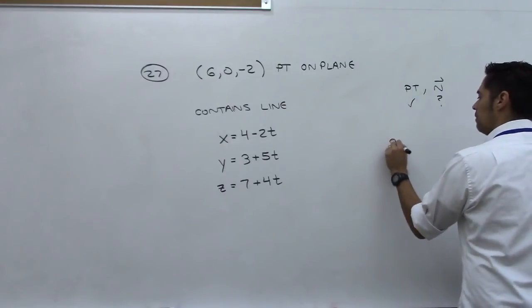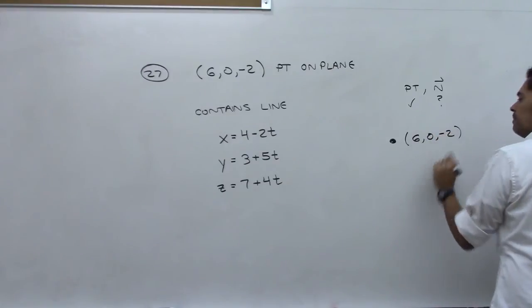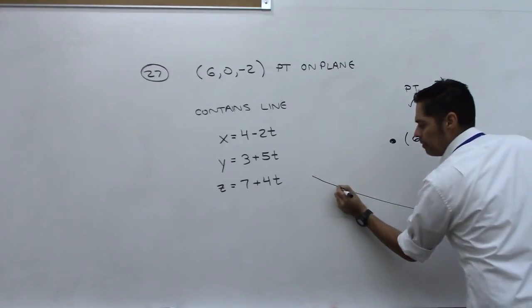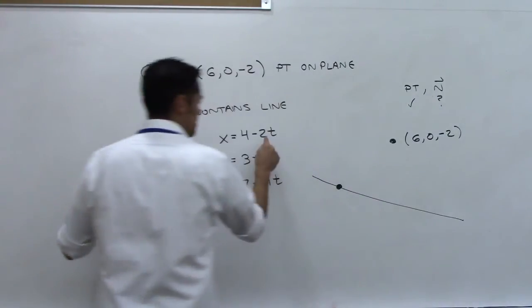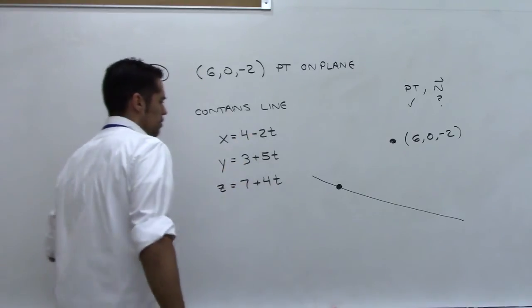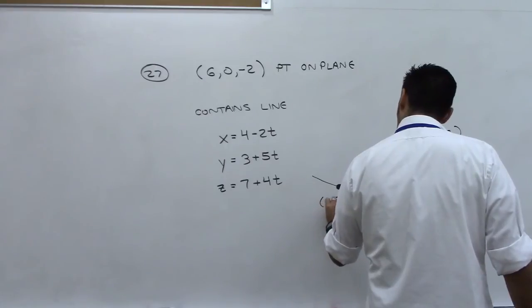So I have a point. That's the point 6, 0, negative 2. I've got some line, and now I'm going to find another point on that line. So if I come over here to the line, I let t be 0, and I'm going to get the point 4, 3, 7.